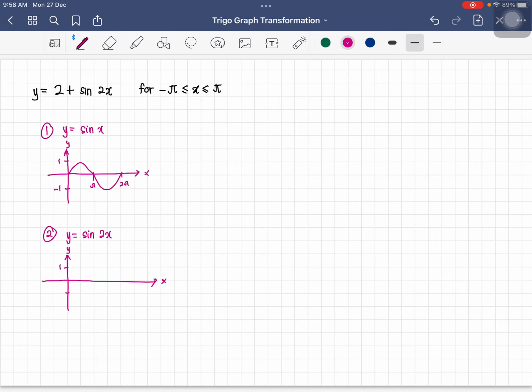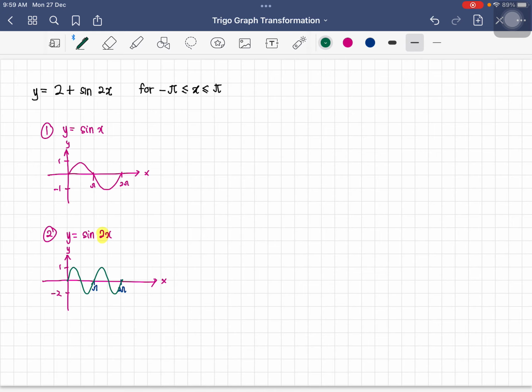So your sine of 2x will be something like this, this is pi, this is 2 pi. So what does it mean by this coefficient 2? It means that you will have 2 complete cycles of sine within 0 until 2 pi. So your graph will look like this. This is 1 complete cycle, this is 1 complete cycle, and then this is 2 complete cycles within 0 until 2 pi.